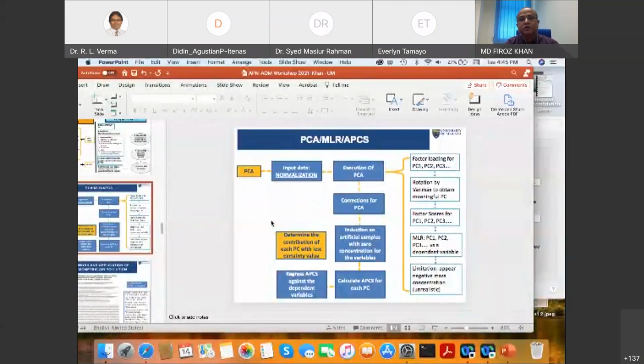You can take a look at how you can calculate APCS if you follow from here, beginning with the yellow highlight, and at the last yellow highlight also, you will be able to determine the contribution for each principal component, and that contribution we trust, we do believe that we will have less uncertainty.